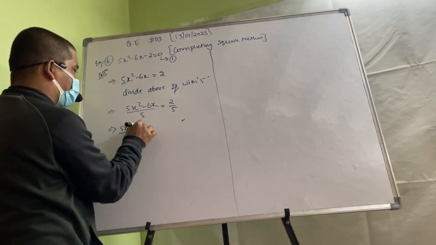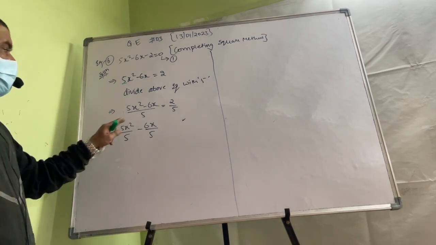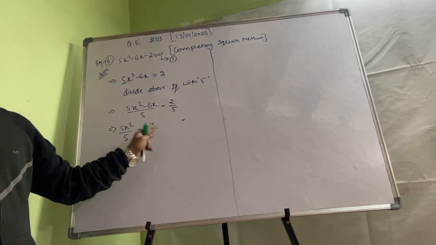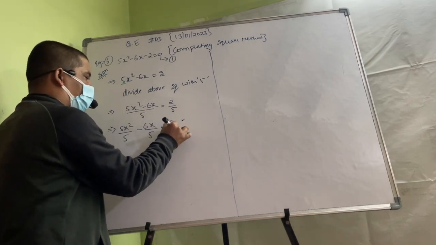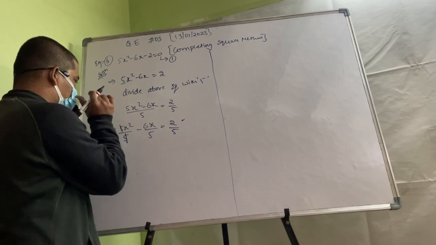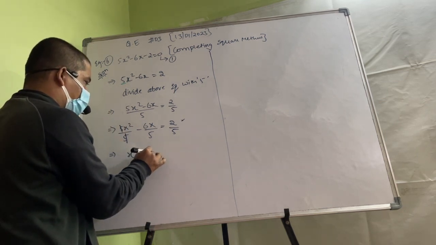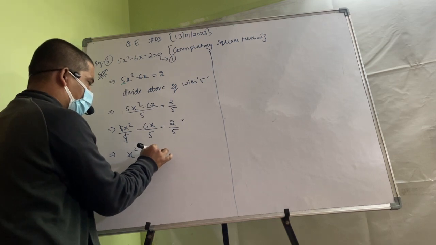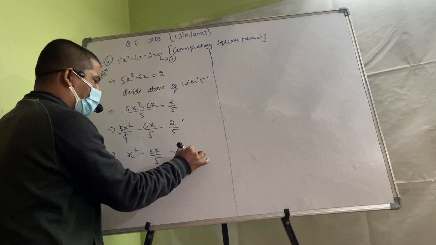We can write it directly here. This 5 belongs to both, so write them separately. Here 2 by 5. The 5 gets cancelled, so we are left with x square minus 6x by 5 is equal to 2 by 5.